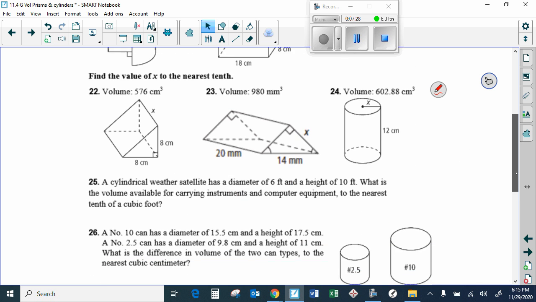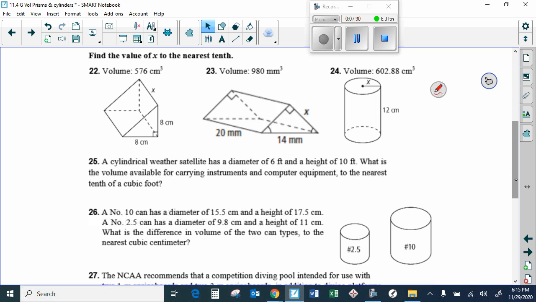Okay, let's see, down here, find the value of x. So when it gives you this, you write down the formula for volume. Again, I have to recognize what's being stacked. The shape for the base, that's an isosceles triangle right there. That's being stacked. Okay, and so they're looking for the height of it. So here I have, remember, volume equals area of the base times the height.